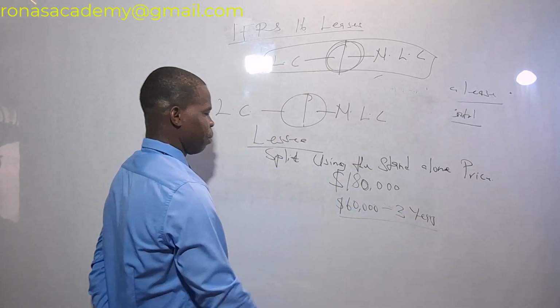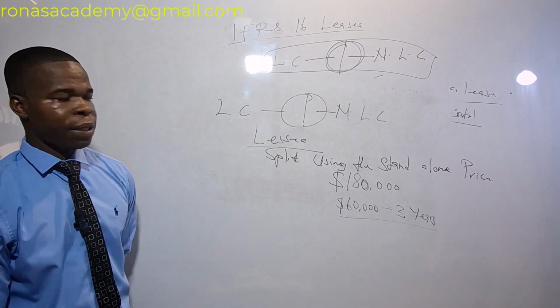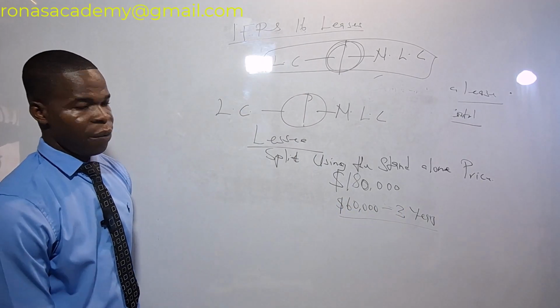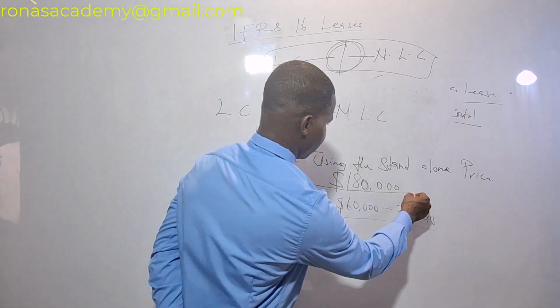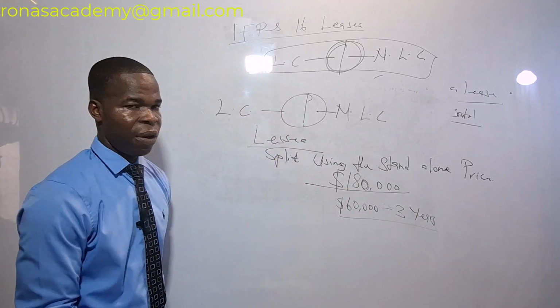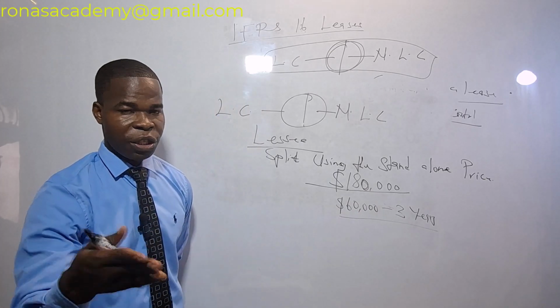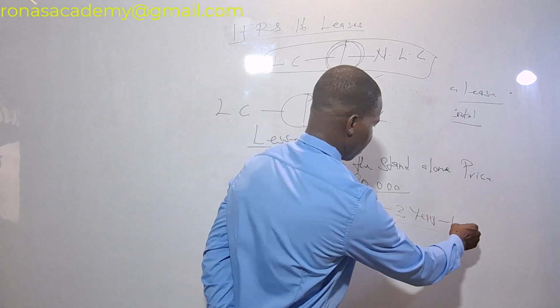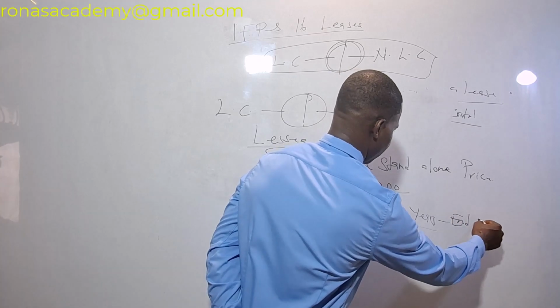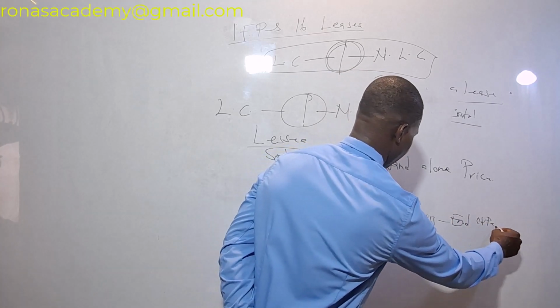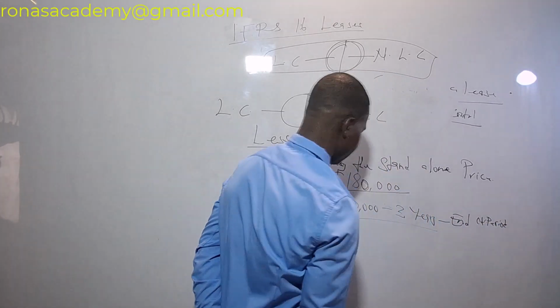This is a total of 180,000, but the lessee will pay 60,000 for each year, payable at the end of the period.